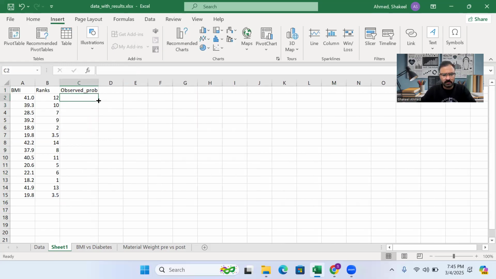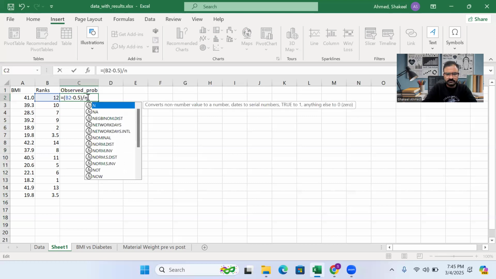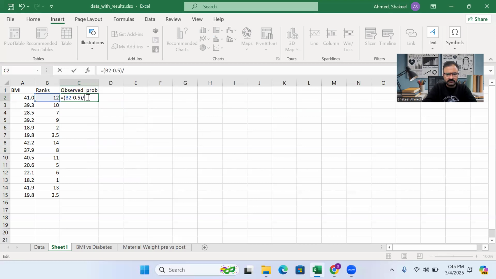That is the ith observation minus 0.5, divided by n. What is n? n is 14 in this case.